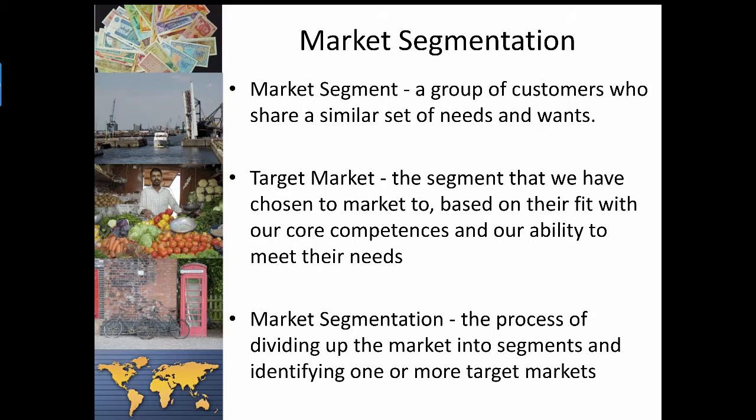So within a group, customers have similar wants and needs, and outside of that group, other groups are different. A target market is the segment that we have chosen to focus on or market to based on their fit with our core competencies and our ability to meet their needs.